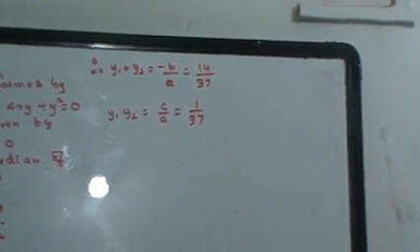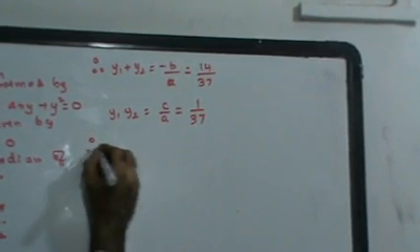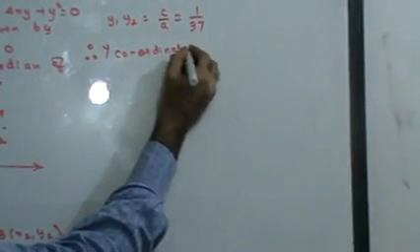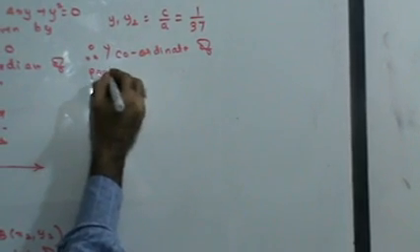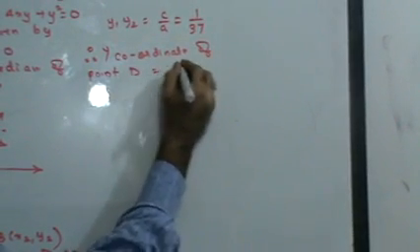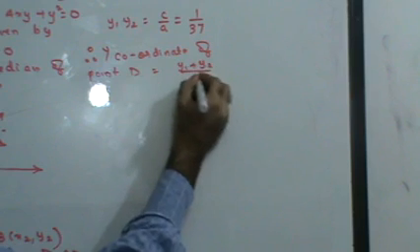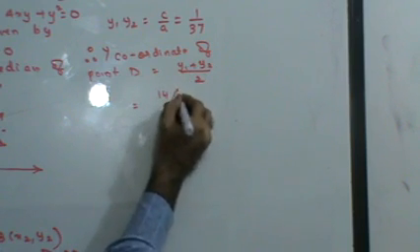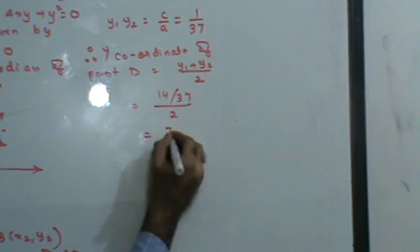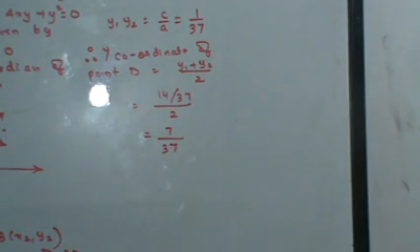I can get the y coordinate of point D. The y coordinate of point D is nothing but (y1 plus y2) upon 2. So that's 14 upon 37 divided by 2, which is 7 upon 37. Now, since D lies on AB, the coordinates of D should satisfy the equation of AB.